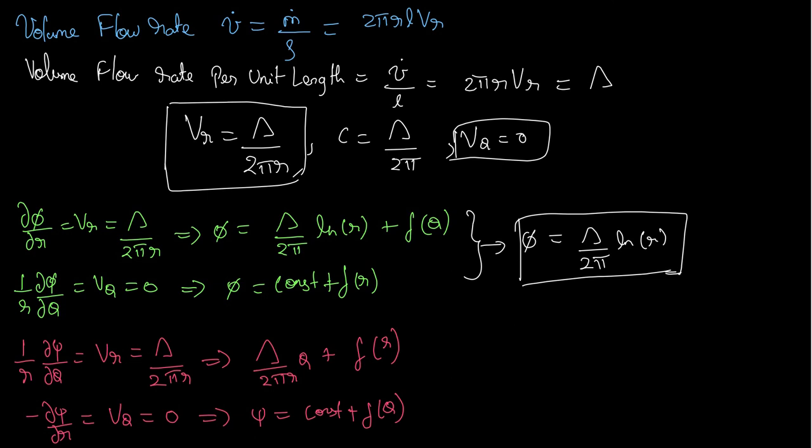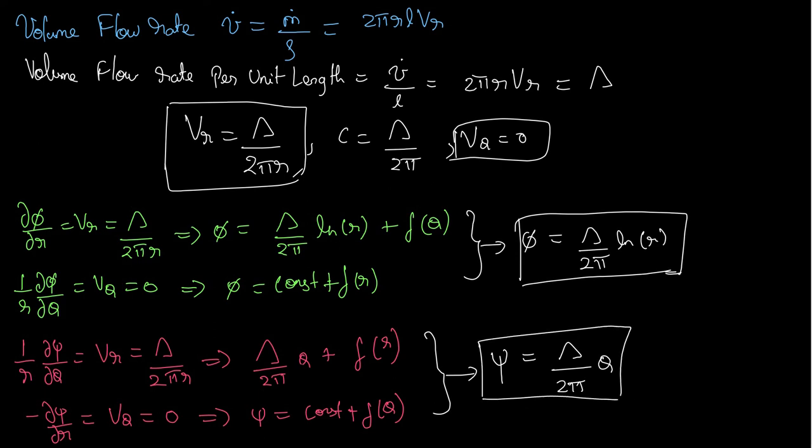So from these two equations, I can say my stream function ψ is nothing but just λ/2π into θ. I'm sorry, there is a 1/r here, I think I missed it. We will not have an r here because the 1/r on the LHS and RHS will get cancelled. It is just λ/2π. And this is the stream function for a source flow or a sink flow.